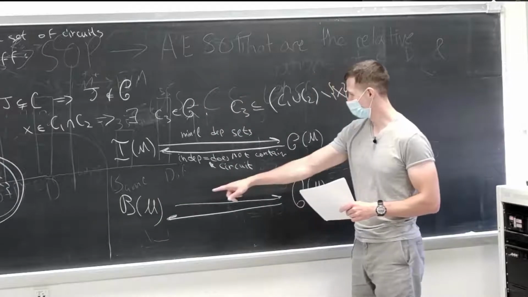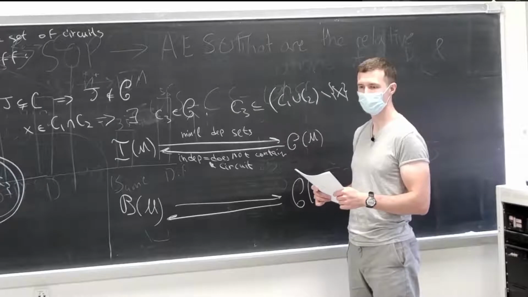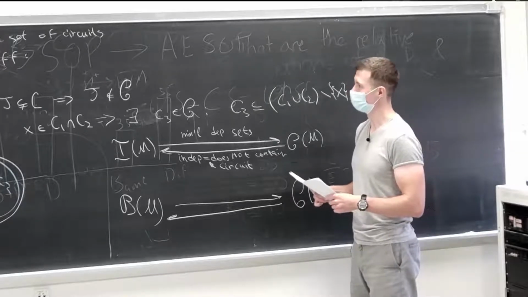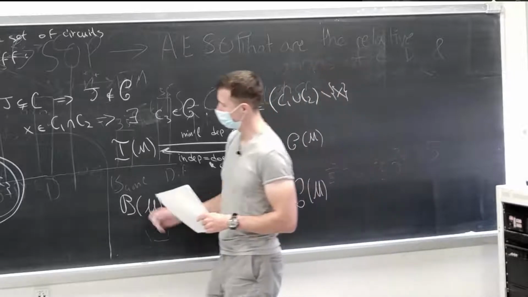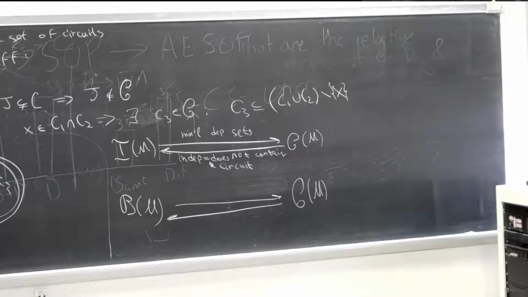If I know all the bases, how do I find all the circuits? Oh, interesting, right. So what happens if I take a basis and I add an element which is not in the basis?